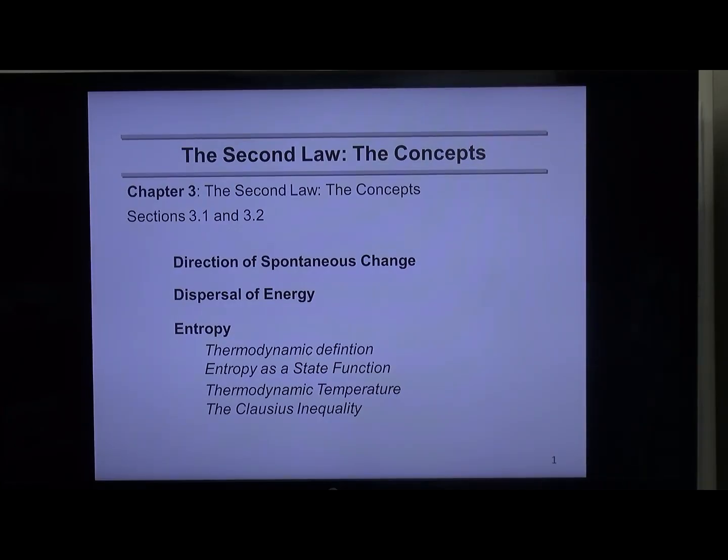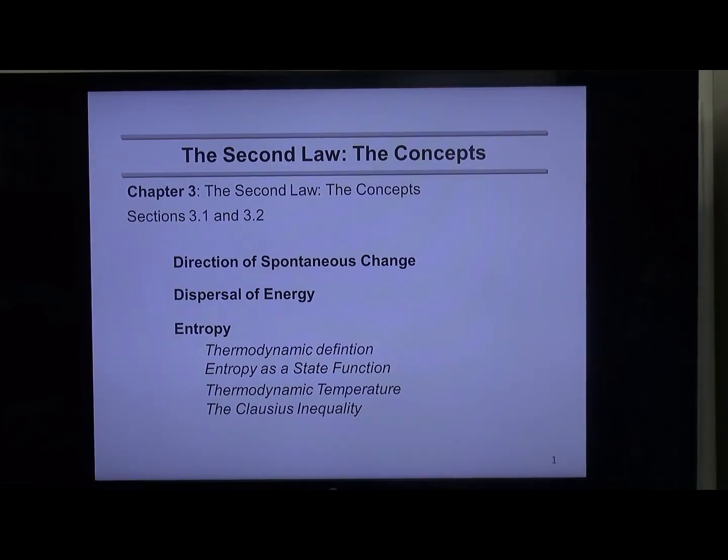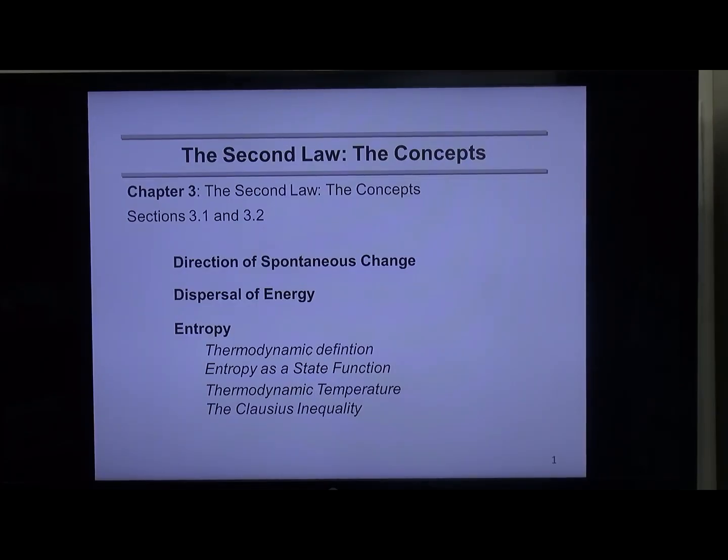Okay? What determines the direction of this specific change? Is it natural or is it just doomed or whatsoever? Okay?